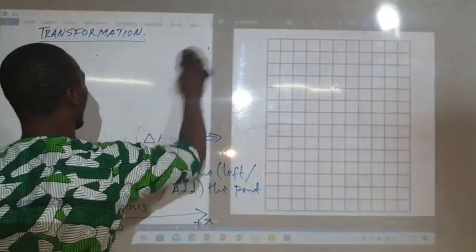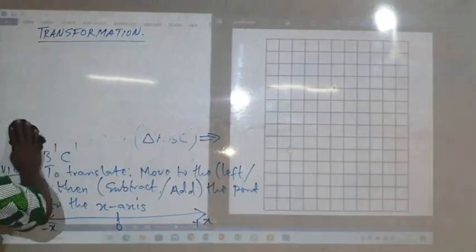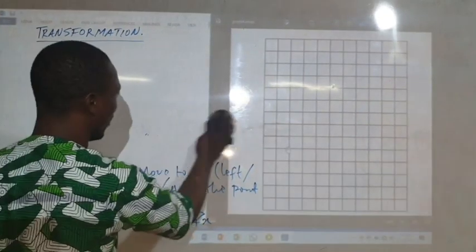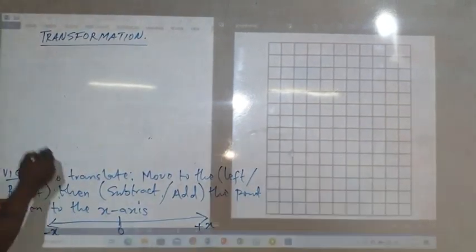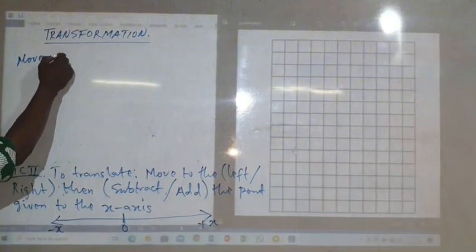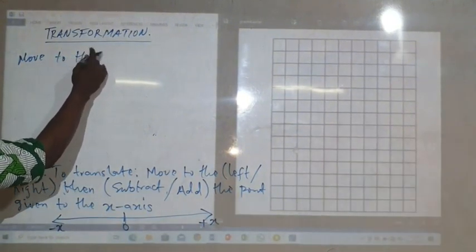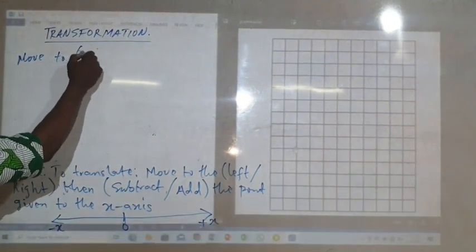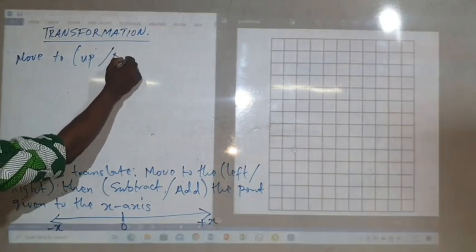So if you are moving up, that means we are adding to the Y-axis, and if we are moving down, that means we are subtracting from the Y-axis. So move up and down.